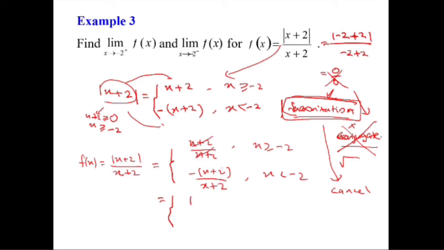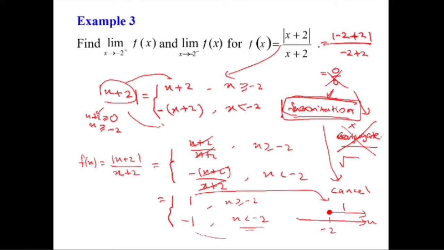And then you can also simplify the other, but there's a negative sign in front. The domain still stays the same. After that, you can draw a number line. The value of x is negative 2. And then to the right side is the function positive 1.